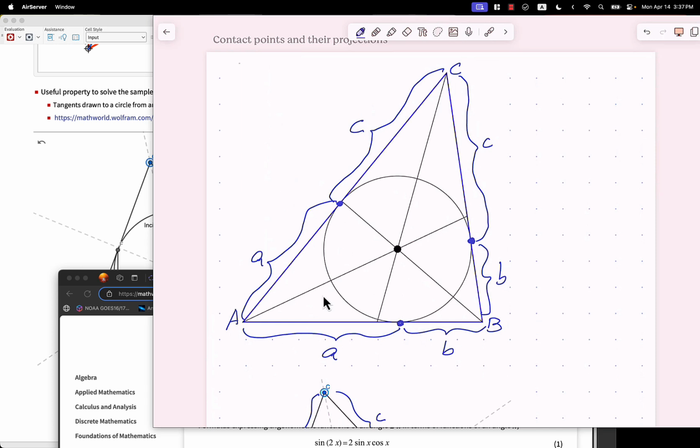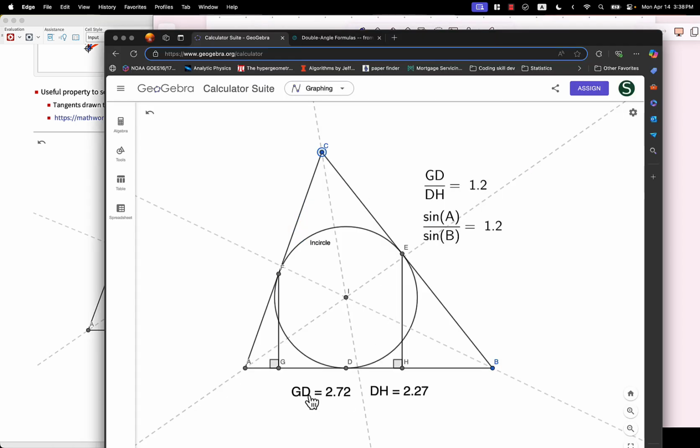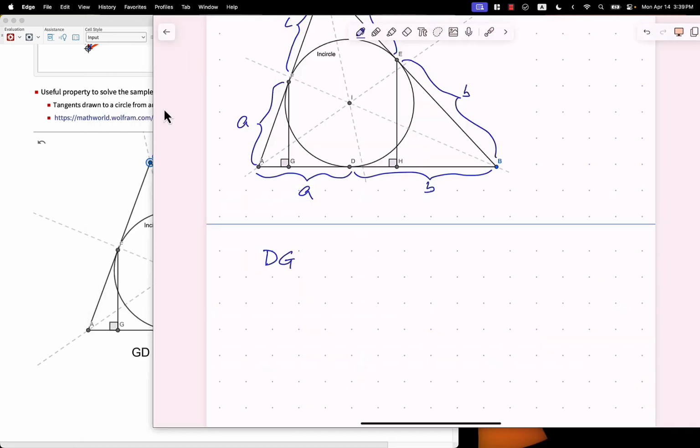But in this case, once we have the contact triangle, it's quite common to use something called semi-perimeter coordinates to mark the length of the sides like this. So we need GD and DH.